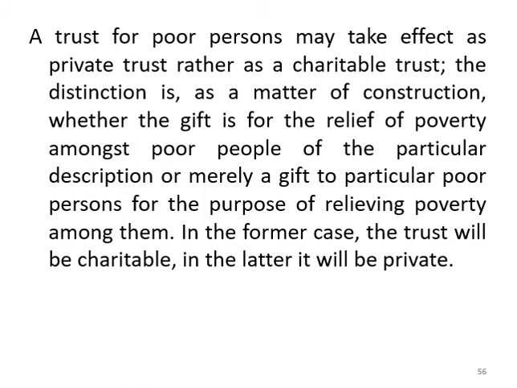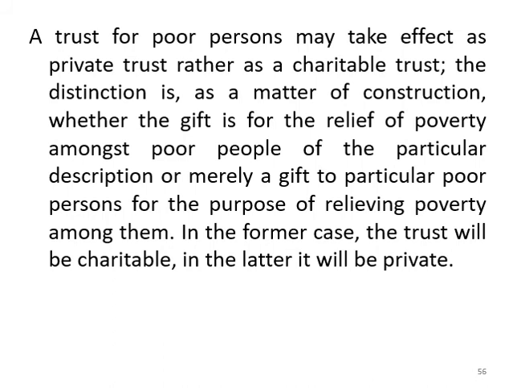The difference between those two circumstances: in the first, the trust is created for a particular description, such as poor relations or poor employees. That's a description, not a name. But the other one is merely a gift for a particular poor person, where the name or names of the persons are given in the deed of trust.